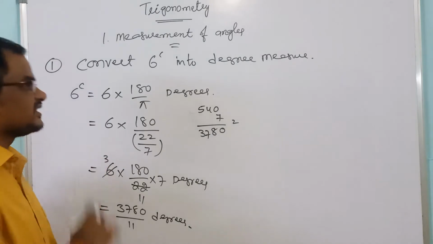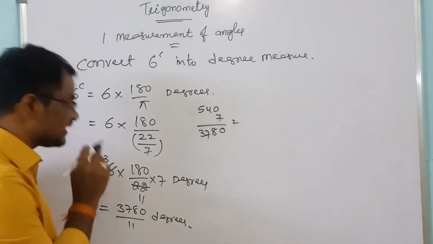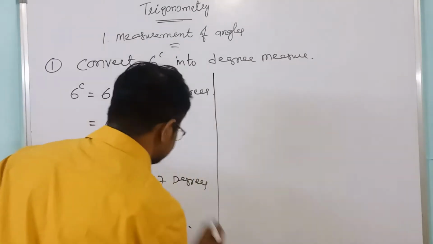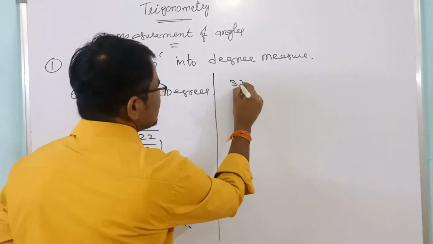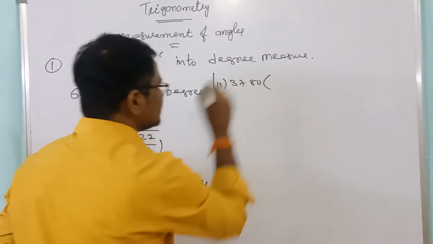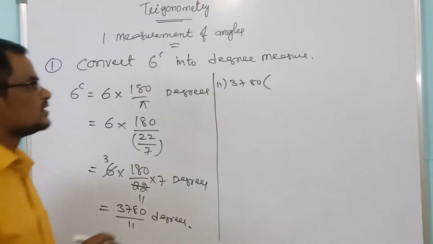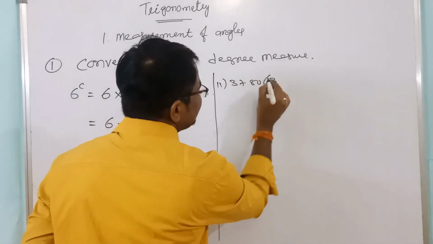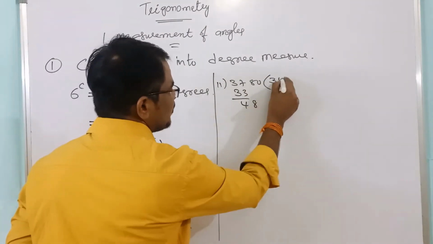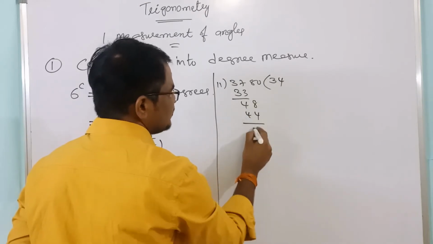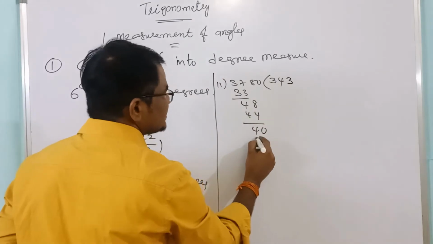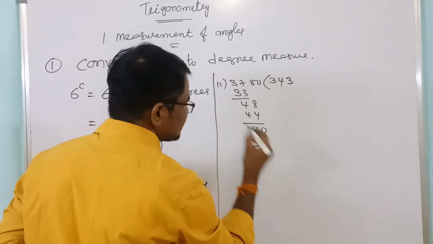Again I will simplify this by dividing the numerator by the denominator. 3780 divided by 11: how many times? 3 times, that is 33. Here 4, 4 times 11 is 44. Again 4, here 0 you take. So 3 times, that is 33. What is remaining? 7.